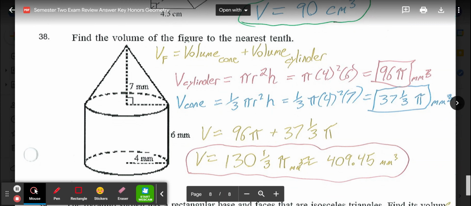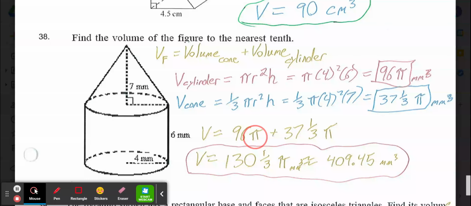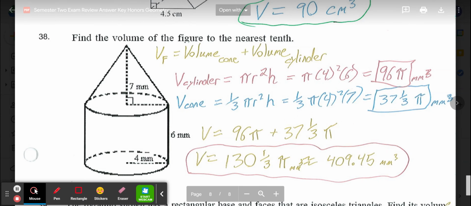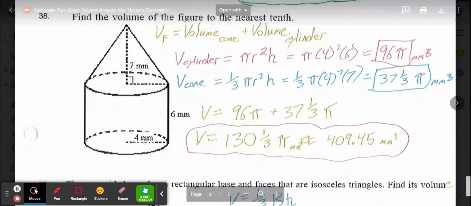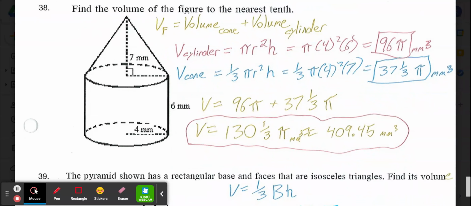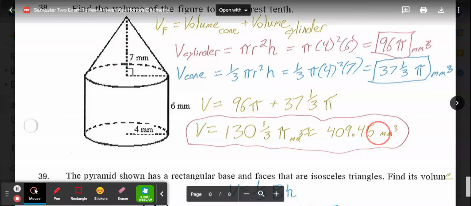So then we can add the cylinder, 96 pi, plus the cone, 37 1/3 pi, giving us a total volume of 130 1/3 pi millimeters cubed, or 409.45 millimeters cubed.